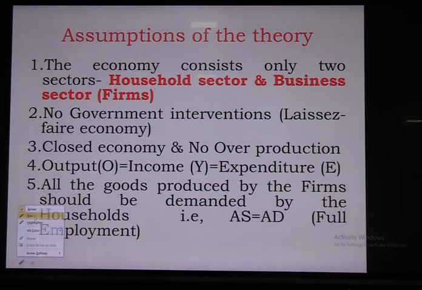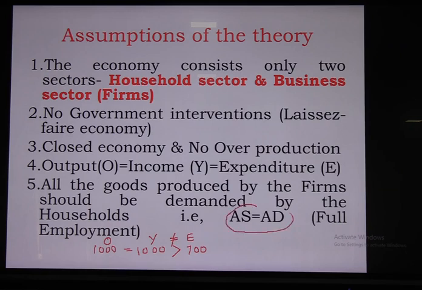As per the theory, if the total value of output is 1,000, which is equal to income, both are the same. Output is equal to income. But expenditure is less than income. It will be 700. Which means output equals income but not expenditure. So what happened? This equilibrium is not possible. Impossible.